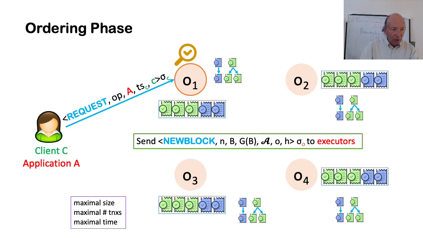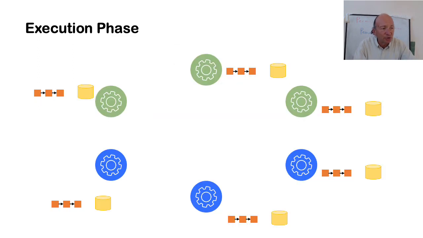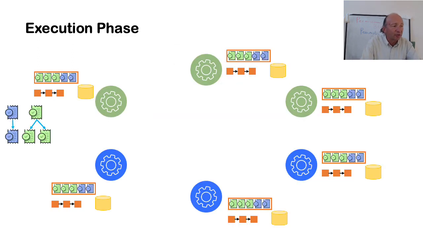The new block with the dependency graph is then sent to the executioners, and the executioners independently receive these different blocks with the dependency graphs.